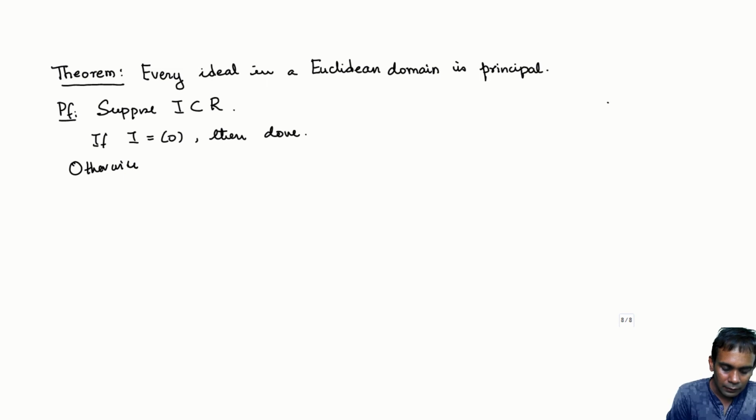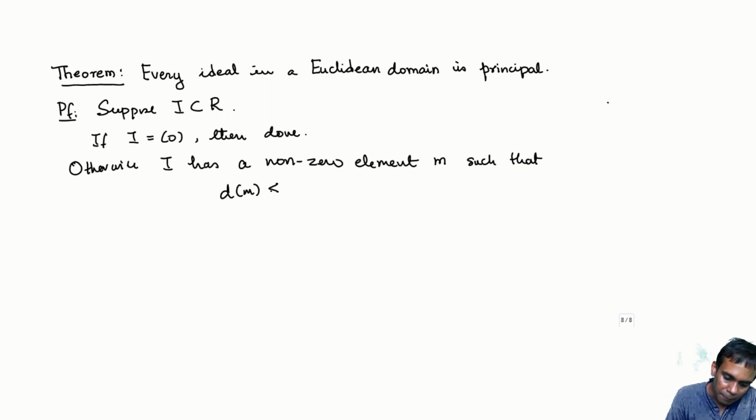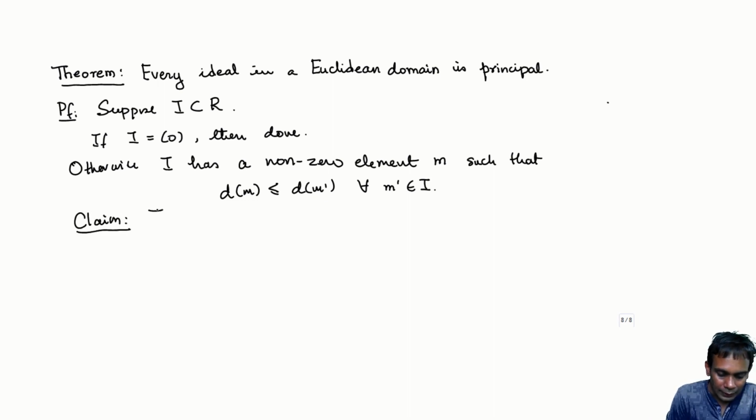Otherwise, I has a non-zero element, and this function d, the size function on R, takes non-negative integer values, so it must achieve a minimum value somewhere on I. So it has a non-zero element, let's say m, such that d(m) is less than or equal to d(m') for all m' belonging to I. Okay, and now I claim that actually m alone generates I.